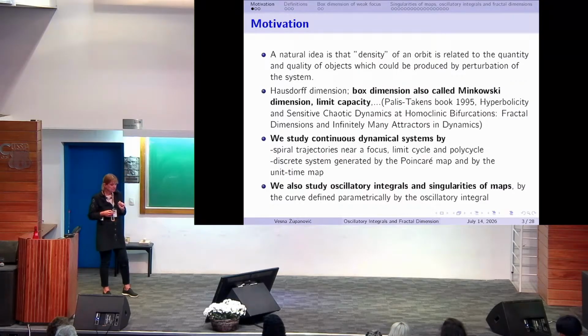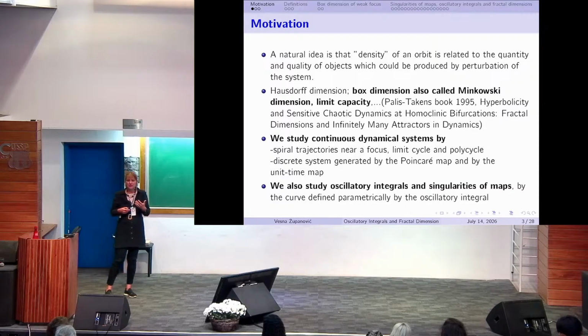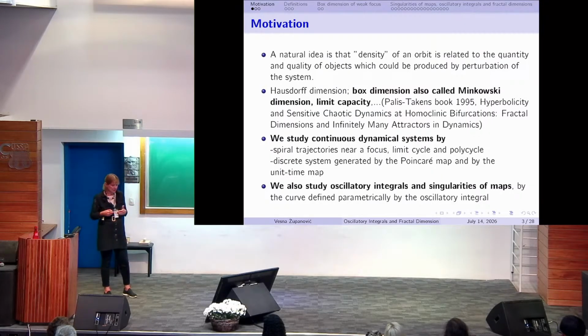So also, to regard dynamical systems and fractal geometry all together, this idea is not completely new. In the 70s and 80s, there were a lot of results obtained by mathematicians and also physicists. They were trying to explain the complexity of strange attractors using fractal dimensions, different fractal dimensions.